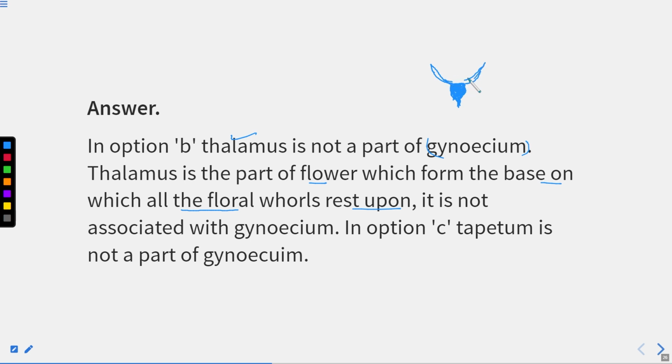Inner to calyx you will have the corolla, which is the petals, and then you have the stamens, which consist of anther and the filament, and in the center you will have the gynoecium. So this is the gynoecium, and this is the thalamus.